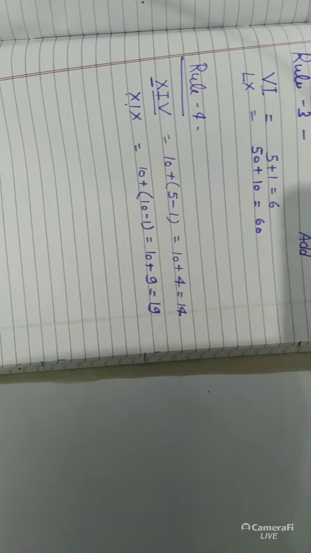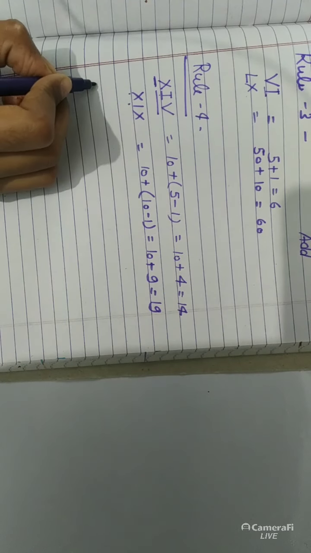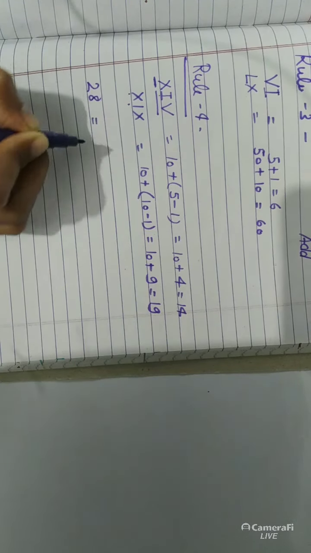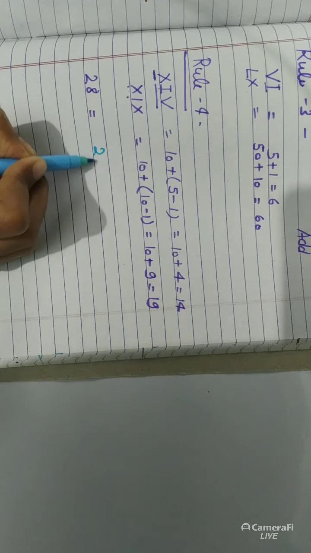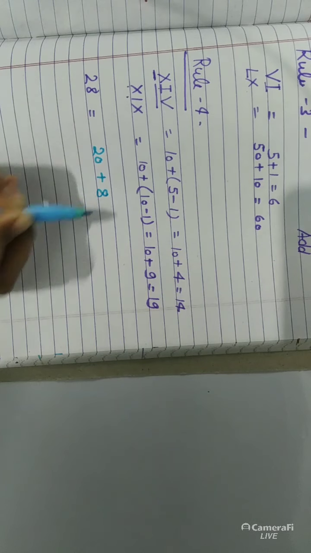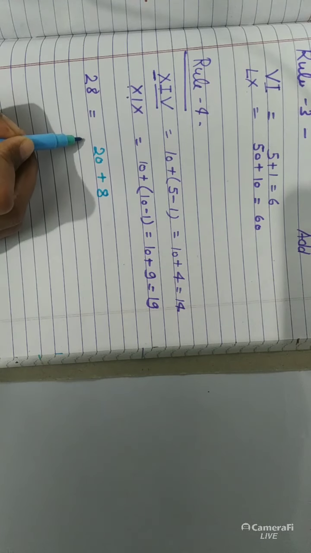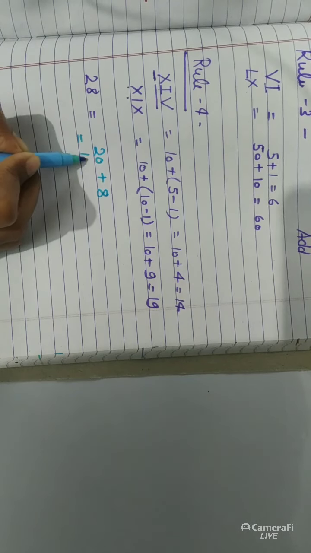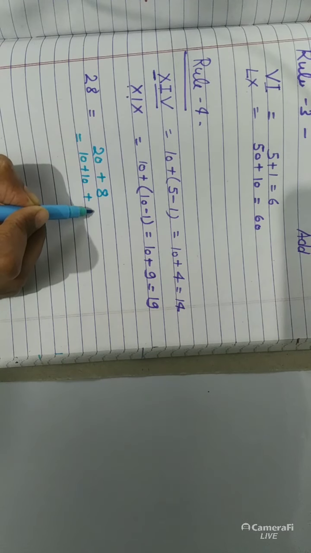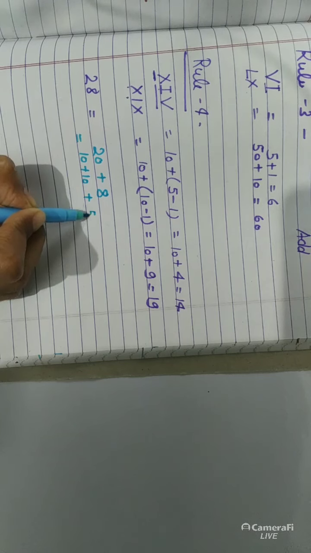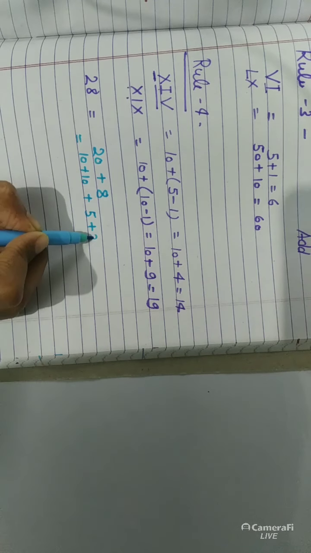I'm giving you another example. If you have to write 28 in Roman numerals, how will you write it? Can you write it as 20 plus 8? 20 can be written as 10 plus 10, and plus 8. 8 can be written as 5 plus 3.